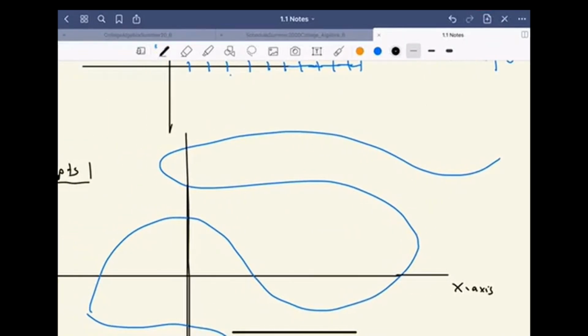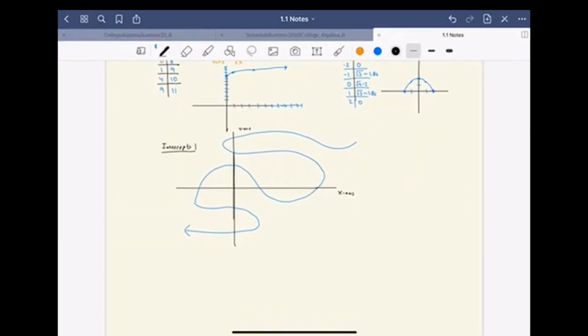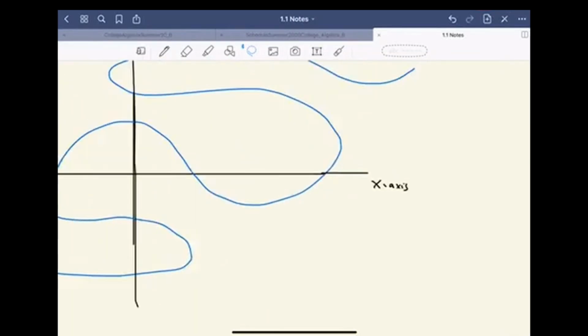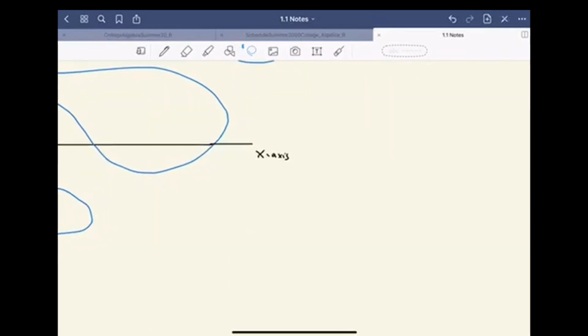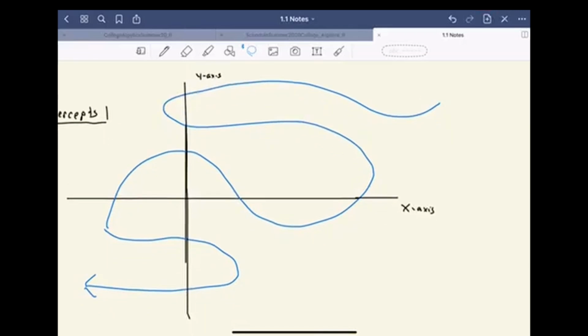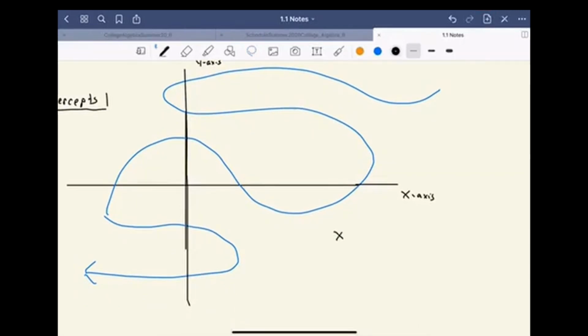Let me zoom in. Let's actually move this down a little bit. Okay, so we have our x-axis and we have our y-axis. Now, the x-intercepts are where the graph intercepts with the x-axis.